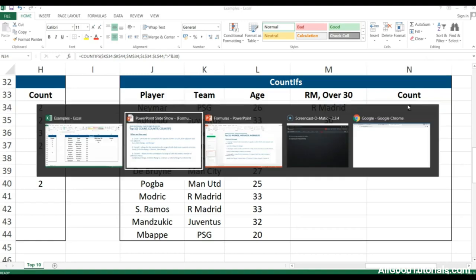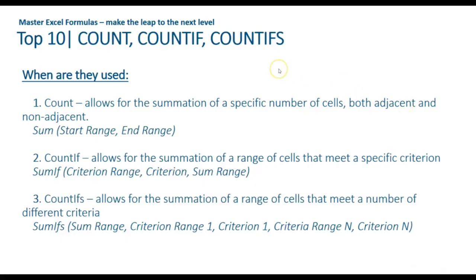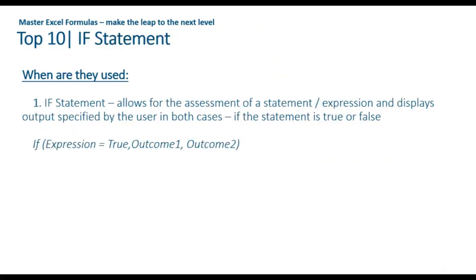Now going back to the presentation, the next group of formulas, or this is really one formula, but which has a lot of variations, is the if statement. This is one of the most important formulas in Excel because it is very applicable in many of the analyses that are done here, of course.